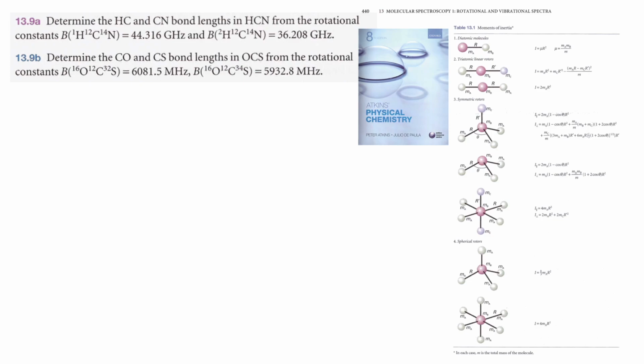So see what we have to do. For this question we need to look at this particular table from the Atkins 13.1 moment of inertia. See, this is a triatomic linear molecule, so this is of this kind.